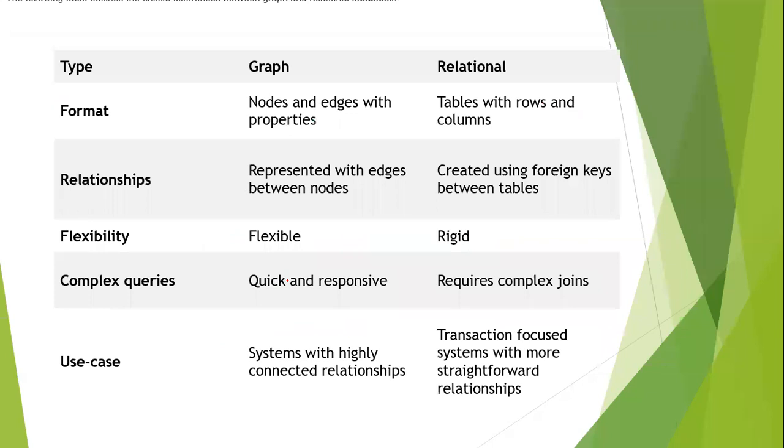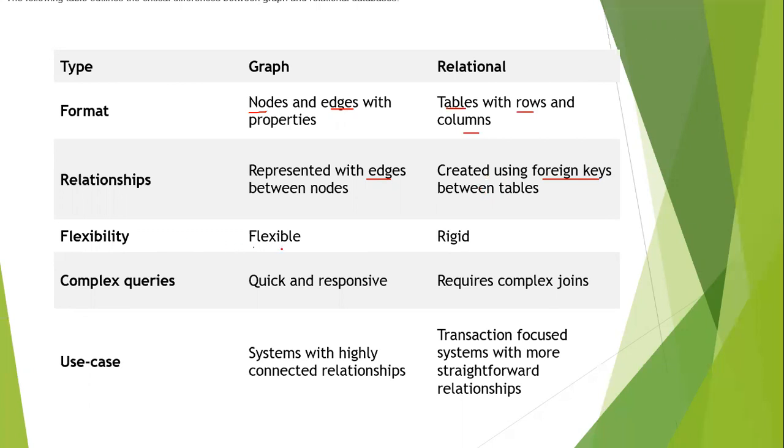Next we'll see, now in the graph database what you call, in the relational database what you call. So in the graph database, we have nodes and edges with the properties. But whereas in the relational model, we have tables with rows and columns. Relationships are represented by edges. Here, they are created using foreign keys and primary keys. With the help of these two keys, we are creating a relation between two tables.